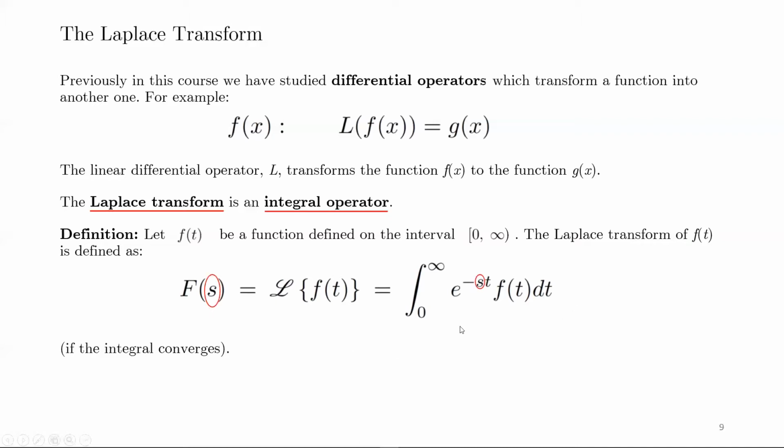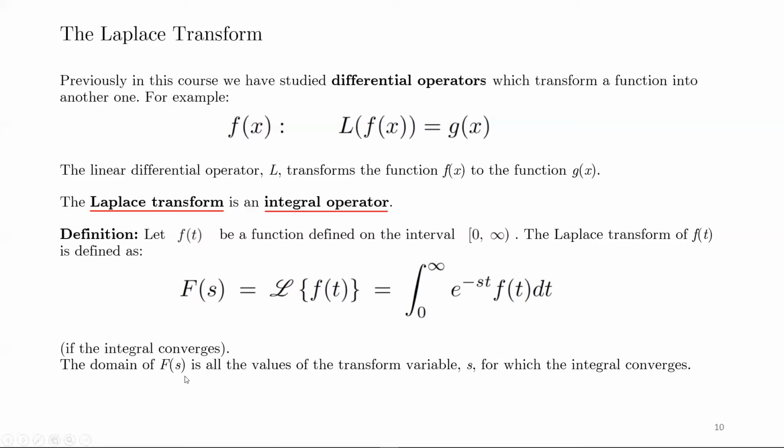This new variable s, well, basically we're taking a function which has variable t, and we're transforming it into a function that has this new variable s. The domain of this new function F of s is all the values of the transform variable s for which the integral converges.